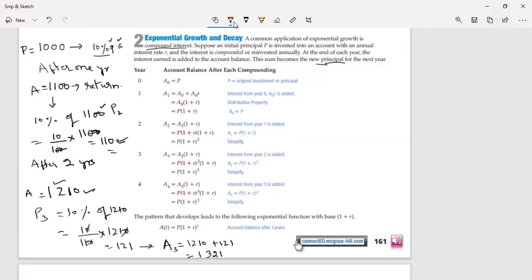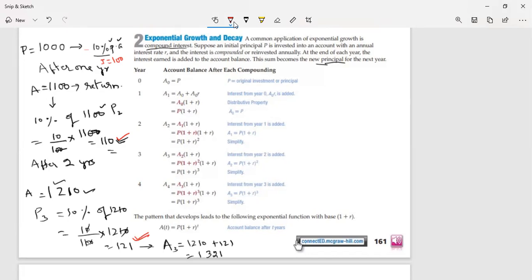The first year the interest was only 100 rupees because 10% of this was interest. So interest paid is 100 rupees, and interest paid in the next year is 110 rupees, and in the third year the interest paid is 121.